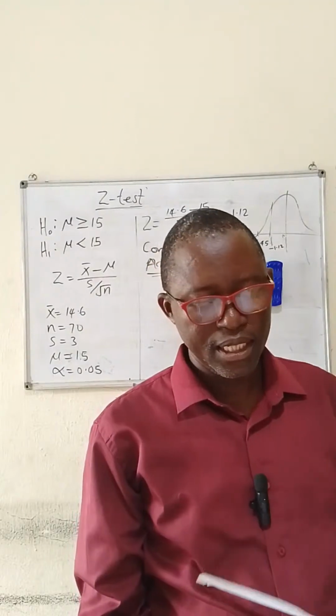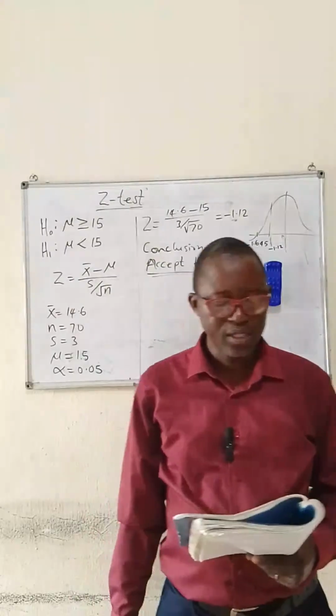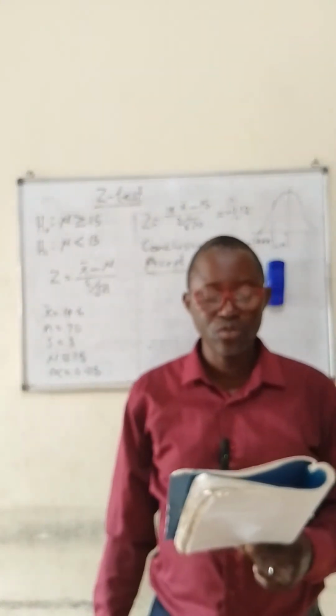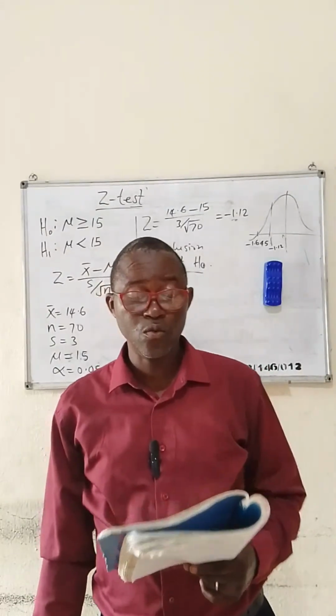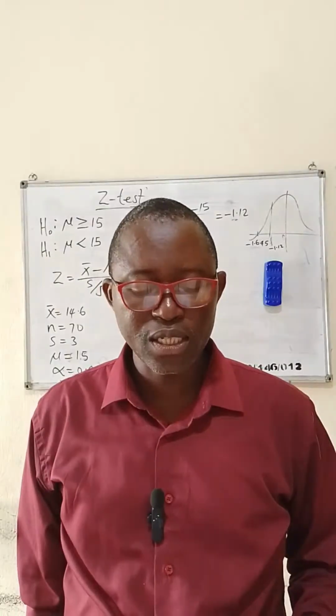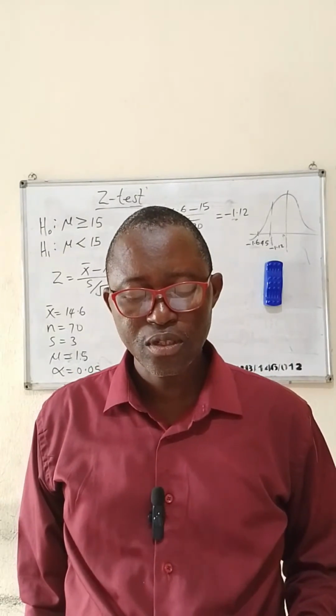All right, let's take another one here. The second example says a machine is set to produce bolts with a mean length of 1 inch. Bolts that are consistently either too long or too short will not meet specifications.